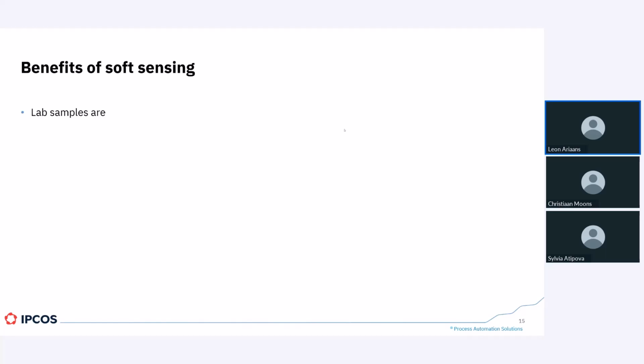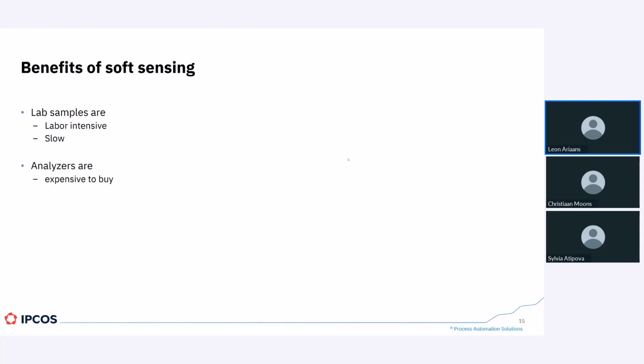Or, let's say, the melt flow index of a polymer, that's also not something you have a measurement for. You can take a sample, take that to the lab, and then you will get that value. So in that sense, you have a measurement. But that's labor intensive, first of all, and it's also slow. Getting one measurement is slow, you will get it with a significant delay.